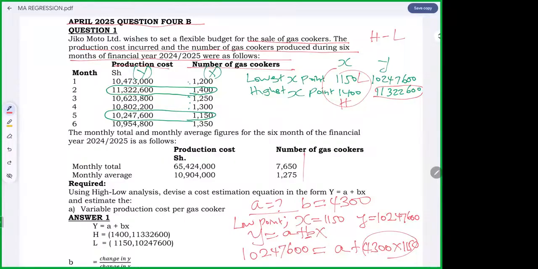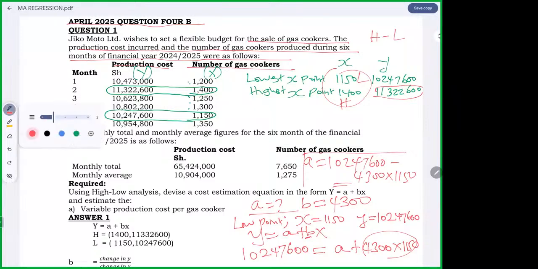So if I come here, I'll be able to tell you that A equals 1,047,600 minus this 4,300 times 1150, which will end up giving me what figure, my good students? 5,302,600.